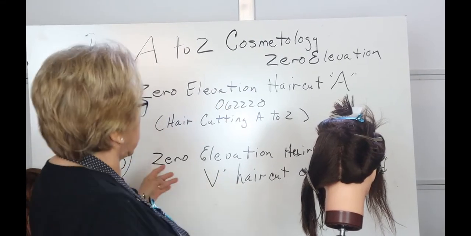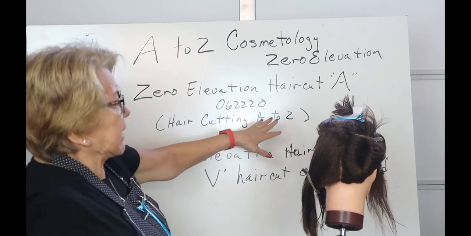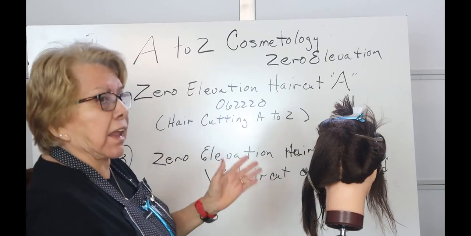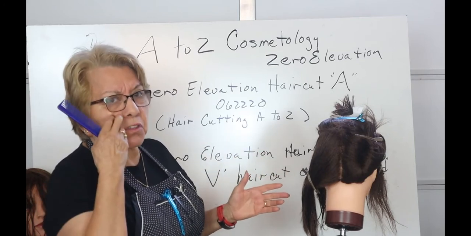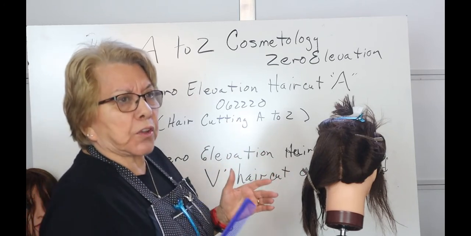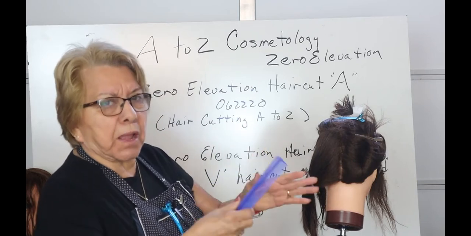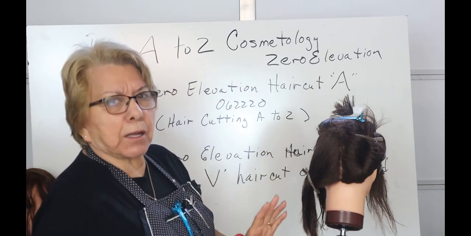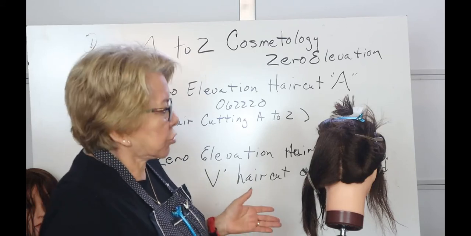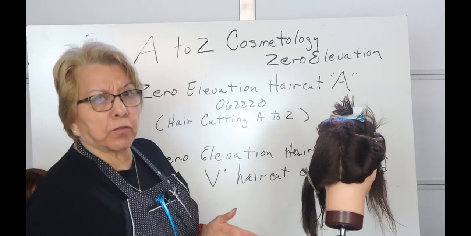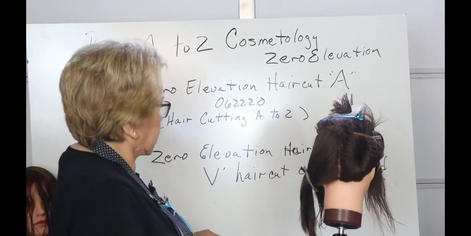That's the day that it was done. And it's haircutting A to Z. Haircut A means that's the first haircut. We were going to number them, and we did. On some of our other videos you'll see them numbered A, B, C, D, E, F. I think we got up to F. Then we were going to get into clipper cutting, but school started, so I had to move back over here and pay more attention to my students.